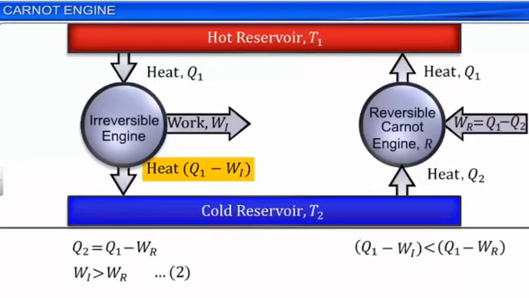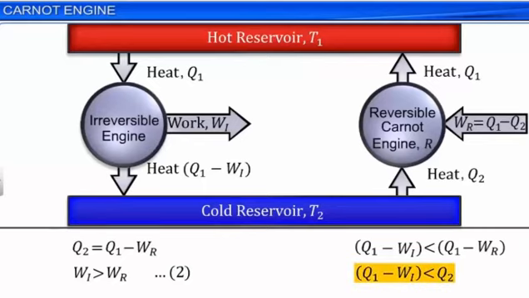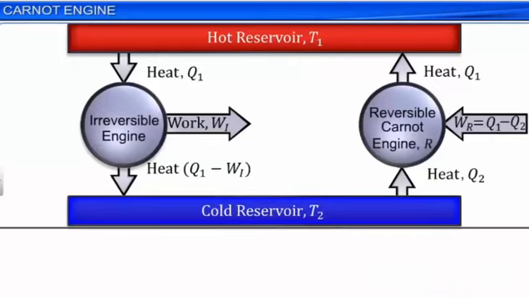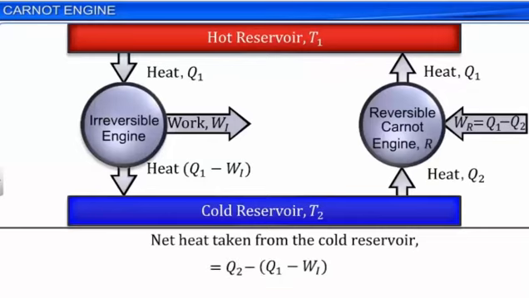Substituting the value of Q2 in this expression, we get Q1 minus Wi is less than Q2. Since Q2 is greater than Q1 minus Wi, the net heat taken from the cold reservoir is Q2 minus Q1 minus Wi. On substituting the values of Q2 and on further simplification, the net heat taken out of the cold reservoir is equal to Wi minus Wr.